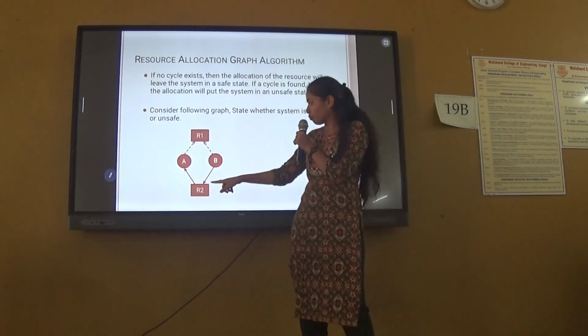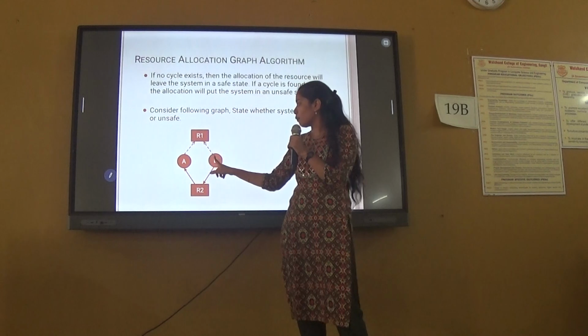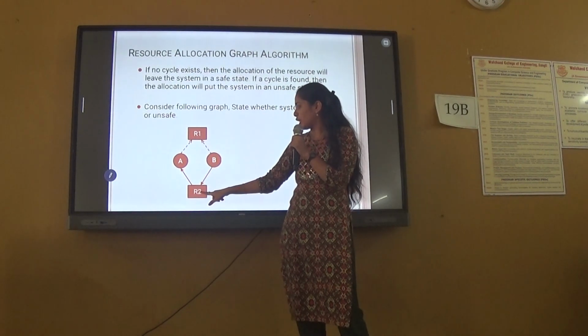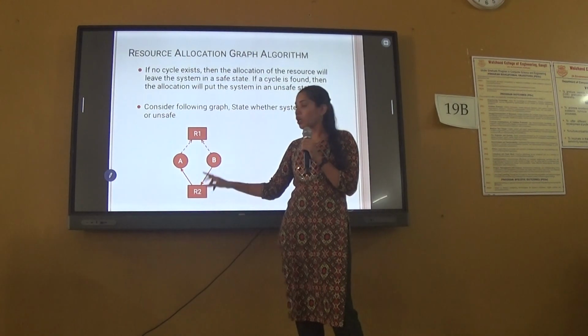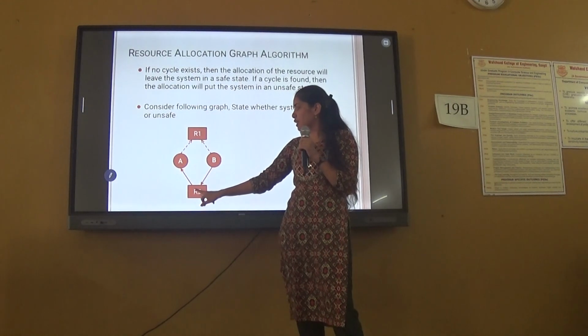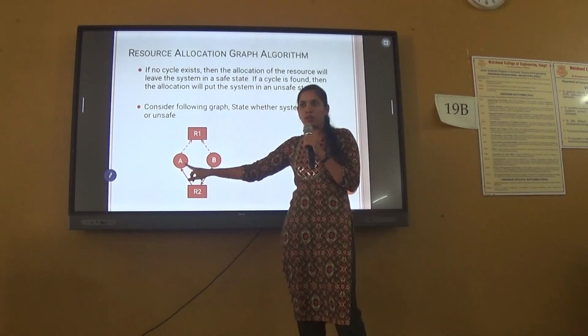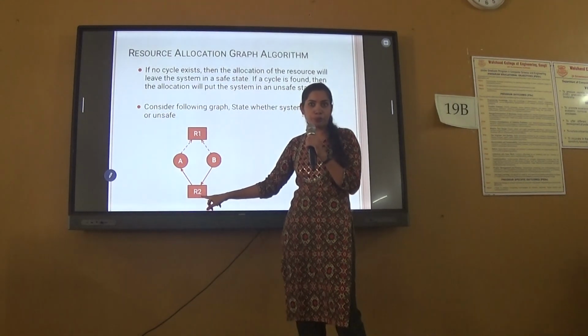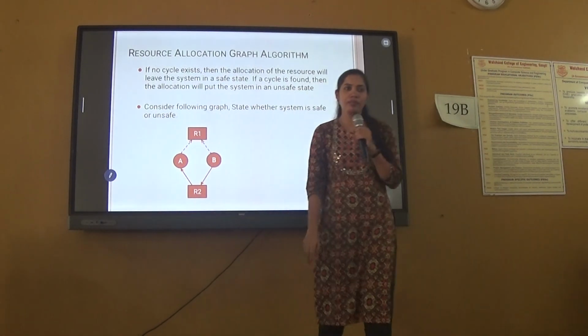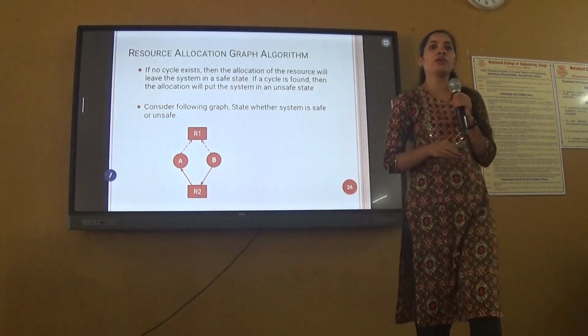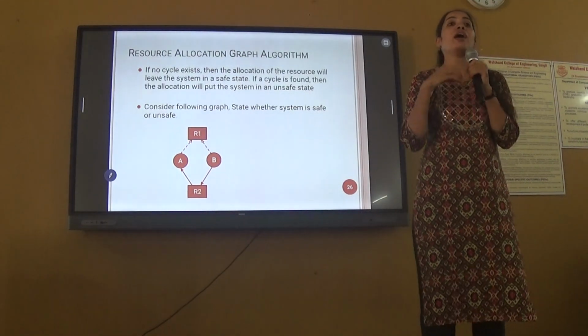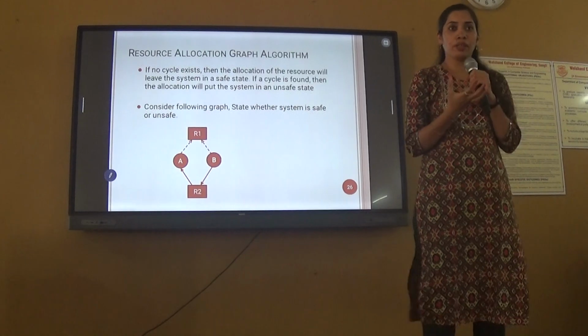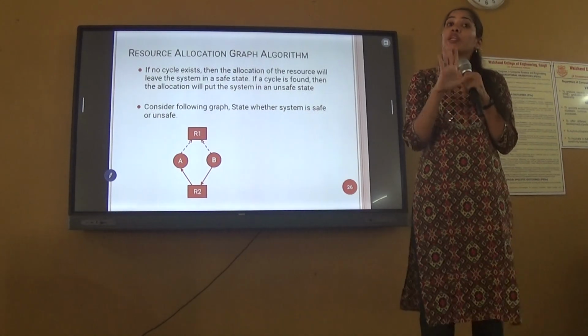So you can see process A is there, process B is there, process A is holding R2, process B is waiting for R2. Now there is a resource R1. At the same time, process A and B requested R1. The operating system does not allow the request directly.